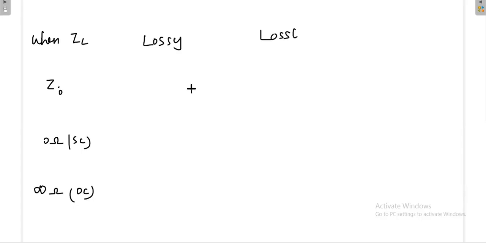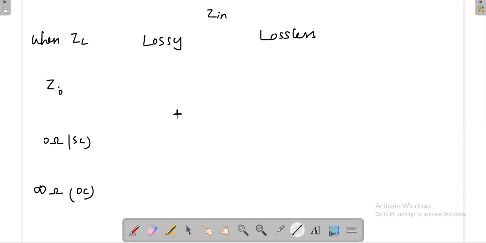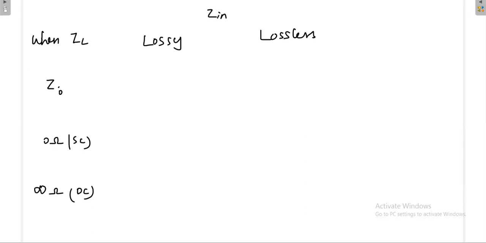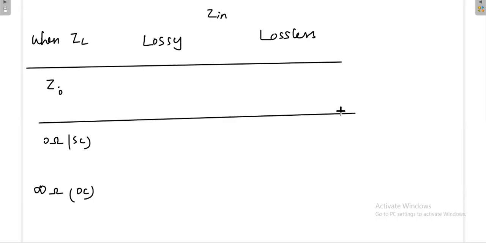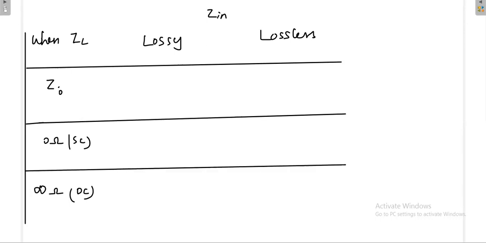This is the input impedance. Now I put the table like this.